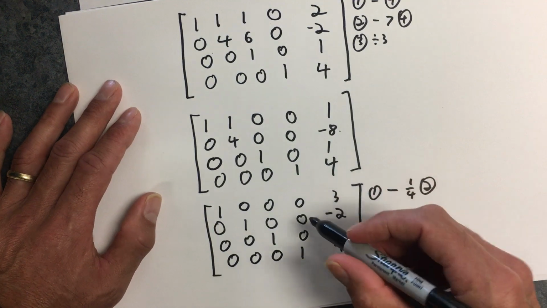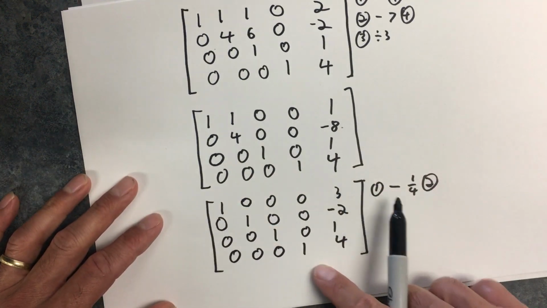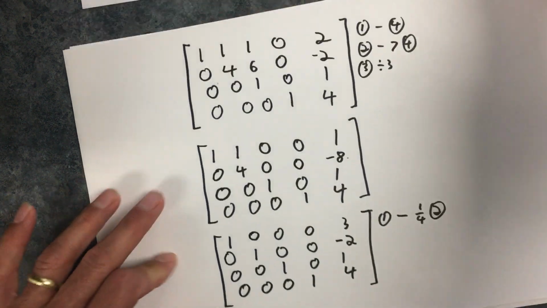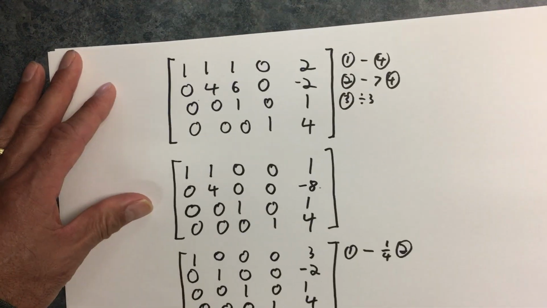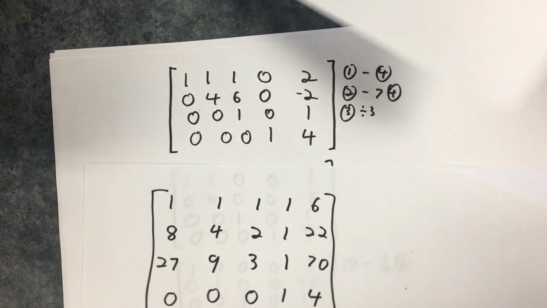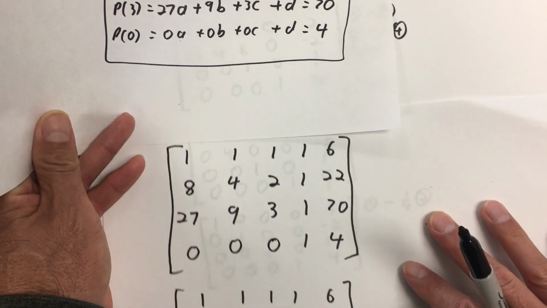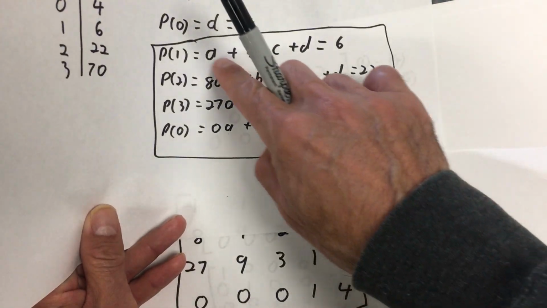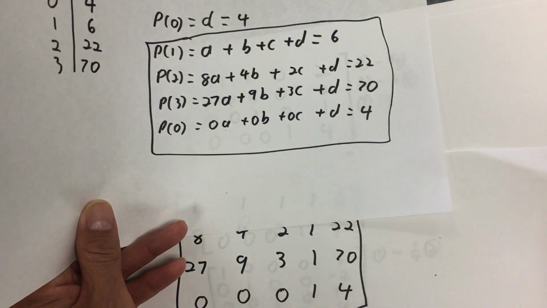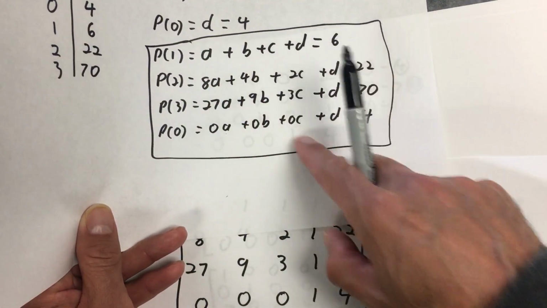So what I have now, if you look closely, here we have what we call the identity matrix. This is reduced row echelon form. Remember from the initial setup that our matrix was grabbing these coefficients. So we set up that original matrix by grabbing those numbers. So the first column is the A's, then the B's, the C's, the D's, and then what it's all worth.